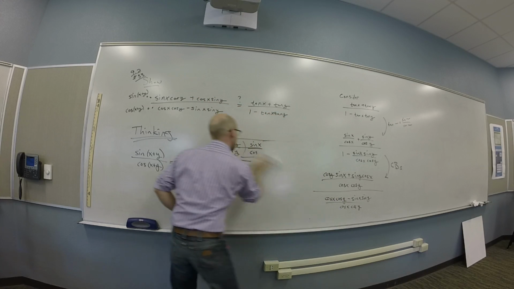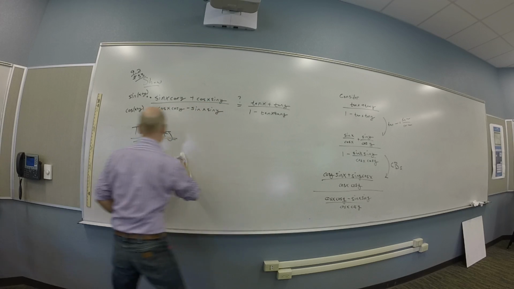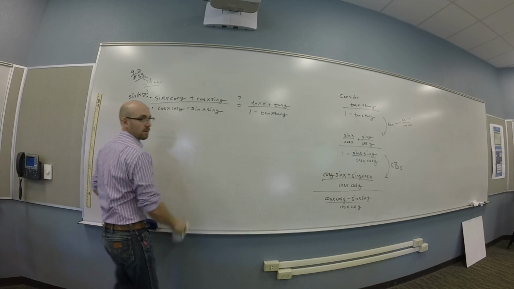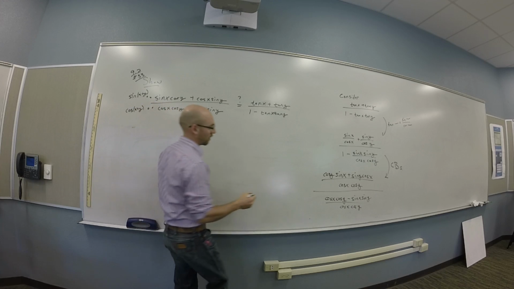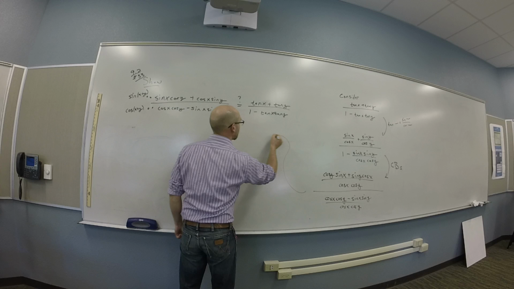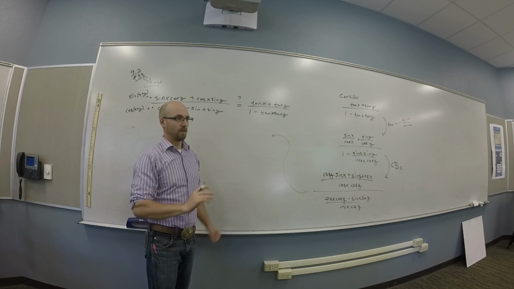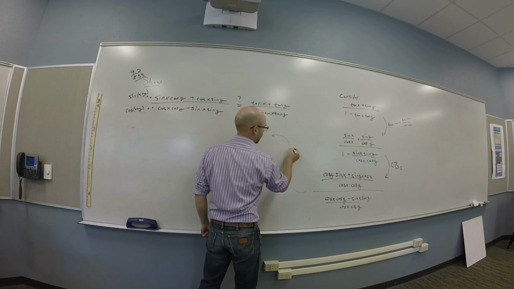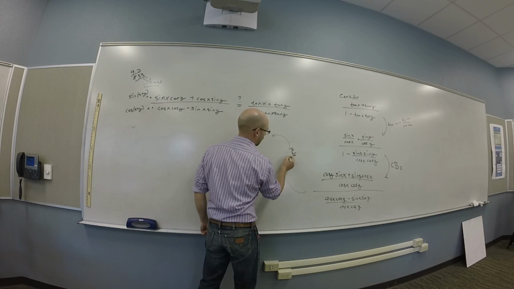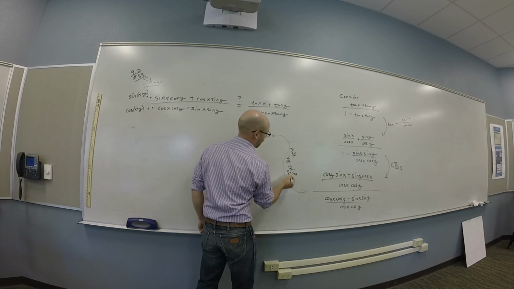And now I'm erasing my thinking stuff because I don't need it. I'm pretty sure I can see the end from here. So then what's this next bit? What do I need to do there? Multiply by the reciprocal of the bottom.